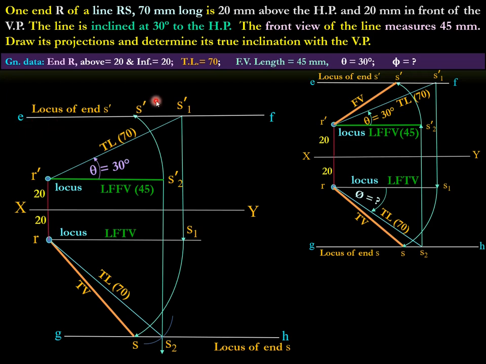Name the point of intersection as S dash. Join the point S dash with R dash, which will give us the position and orientation of the final front view. Measure the angle between the locus line RS1 and the true length line on the top view side, which will give us the true inclination of the straight line with the vertical plane.